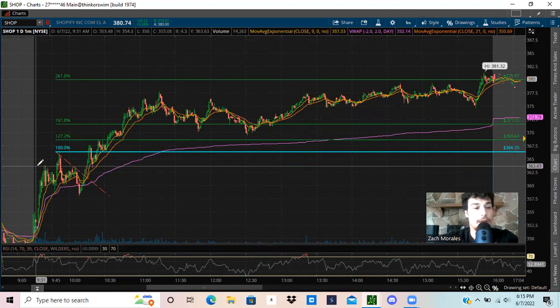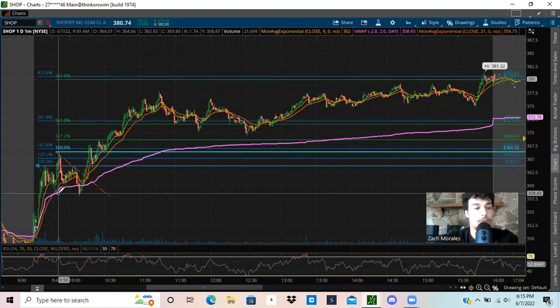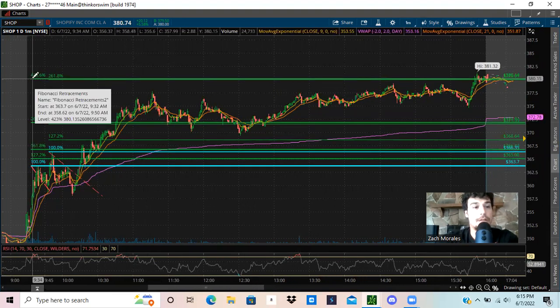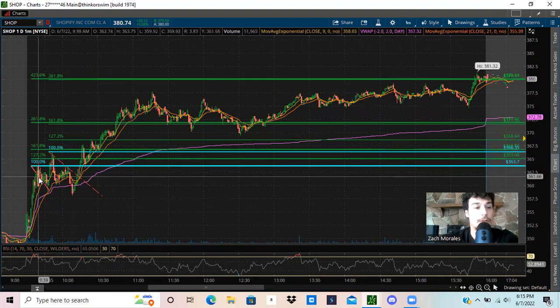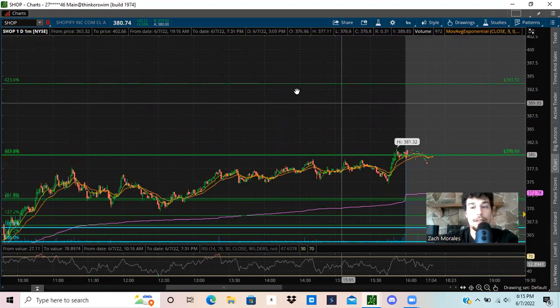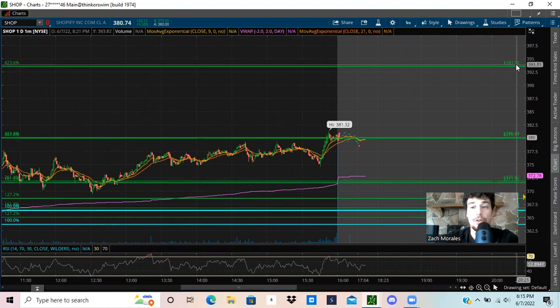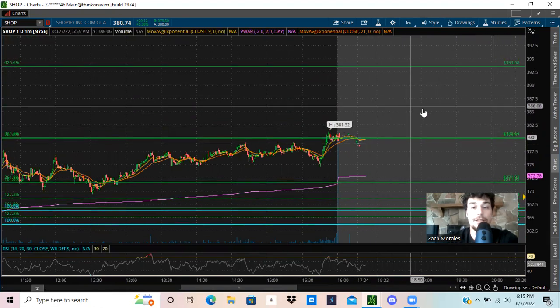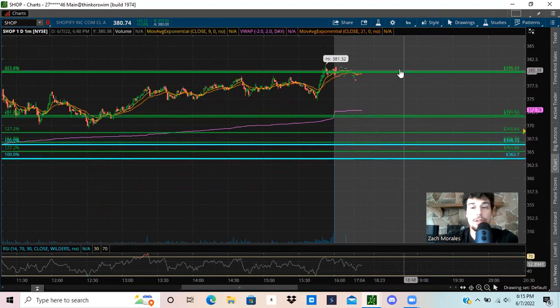I'll go ahead and do that again. We did see the 423 hit today on this level, and we could see this one hit here in the near term future. So look for 393.58 to be a resistance if this rally continues. Otherwise, this could be our resistance here, and we could start falling back down.